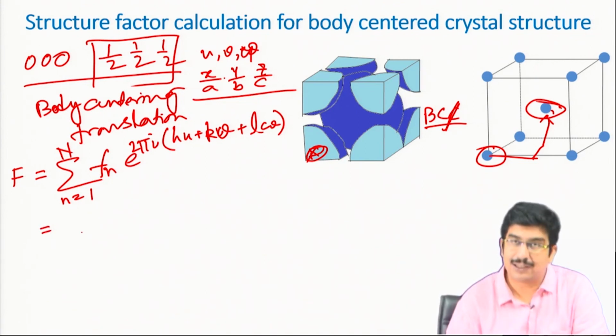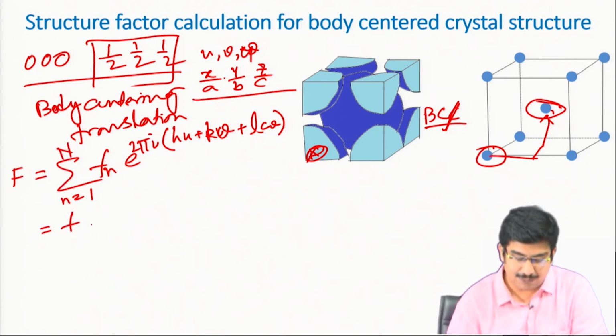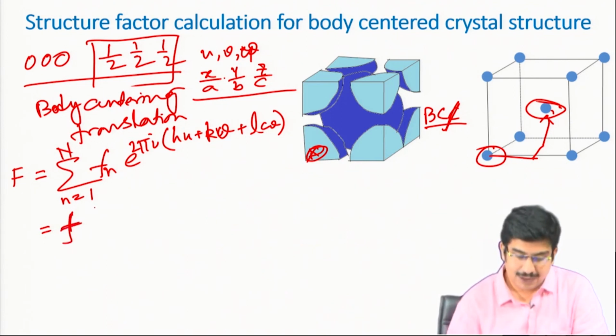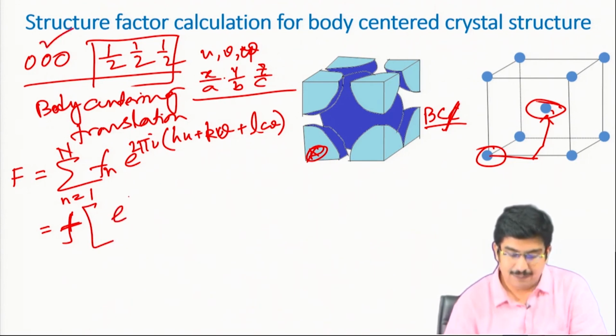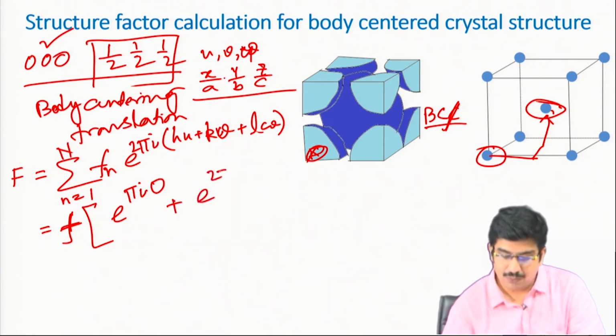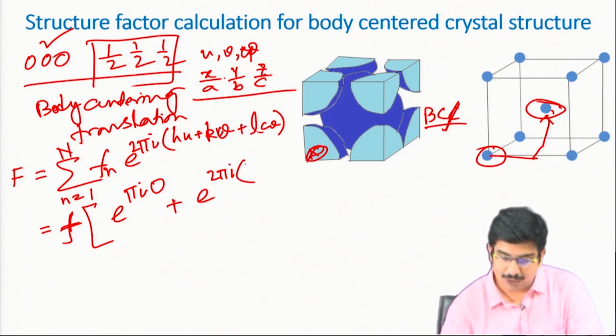Let us assume that this is composed of the same type of atom, so we have the same atomic scattering factor f. For the first atom we have e to the power 2 pi i times 0, which by now you know comes out to be 1, plus e to the power 2 pi i into (h by 2 plus k by 2 plus l by 2).